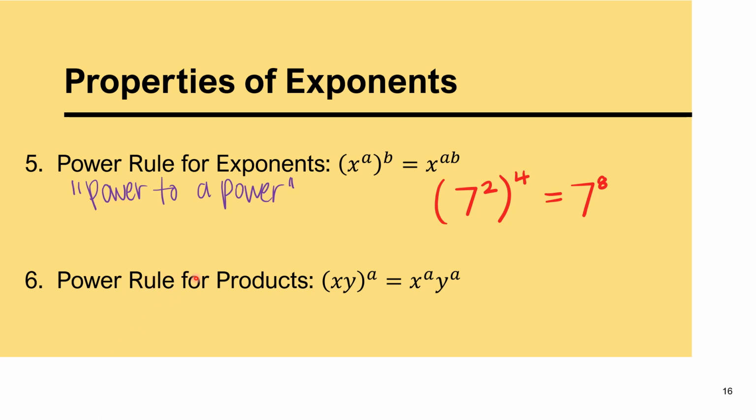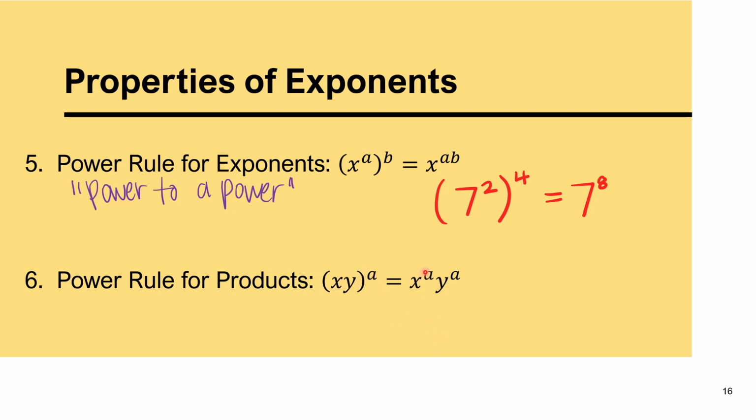All right, and I think of this rule, property number 6, as more of a distributive property than a power rule, but that's what the book I was referencing called it, so that's what I'm calling it as well. It says that if you have some expression inside of parentheses, it's a product, and you're raising all that to a power, you have to make sure to distribute that power to both terms.